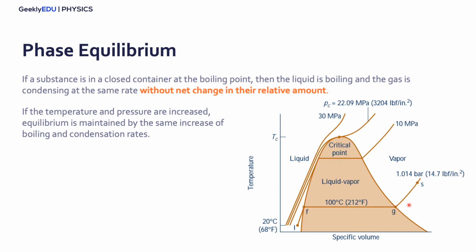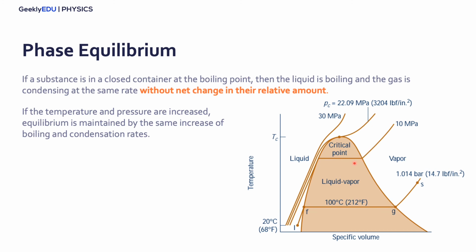Here the water starts to boil. Here we have this mixture of water and vapor until it totally evaporates. So here we have an equilibrium. We have 100 degrees Celsius at approximately 1 bar of pressure and everything is in equilibrium. If we increase the pressure and the temperature, we can get to this other line here. In this other line, we also have equilibrium, but now at a different temperature and at a different pressure.